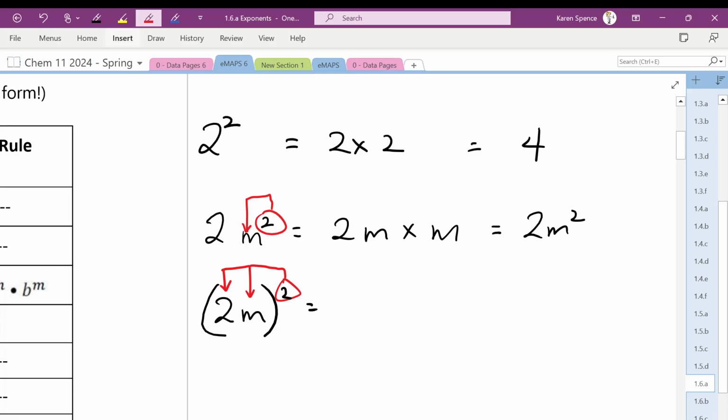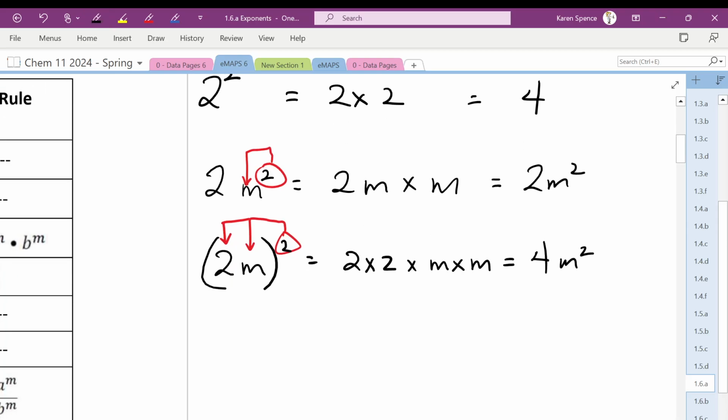So we will have 2 times 2, because we've squared the 2, and we will have meters times meters. And eventually, if we finish that up, 2 times 2 is 4, and then meters times meters, we would just end up back at meters squared. Okay?